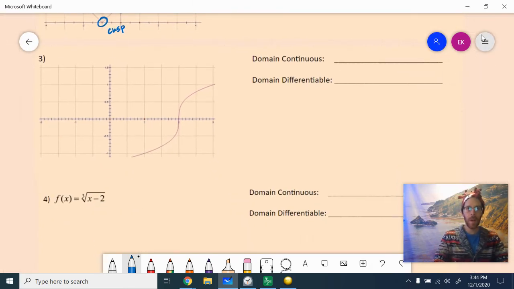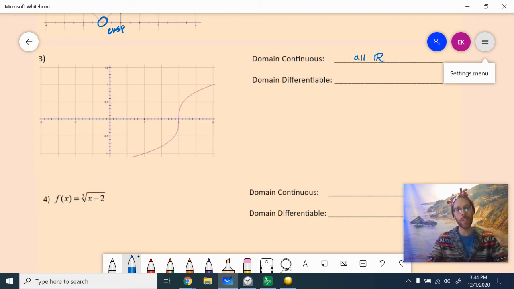Next one. Once again, we have a graph that is continuous everywhere. So we would say all real numbers. Now you would be tempted to say that it's also differentiable everywhere because there's no cusps, there's no pointy spots. But look at this point right here. Look at 2. At 2, if I was to draw a tangent line, the slope would be vertical.